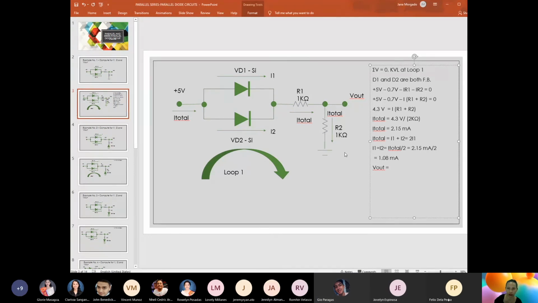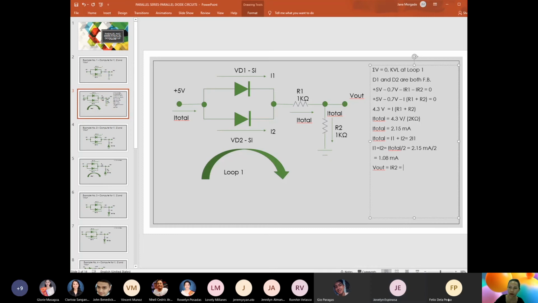We are actually measuring the voltage across R2 kasi as you can see, dito ang positive, dito yung negative. Based on Ohm's law, what is voltage equal to? Voltage is equal to IR, and in this case, IR2. V out is equal to IR2.